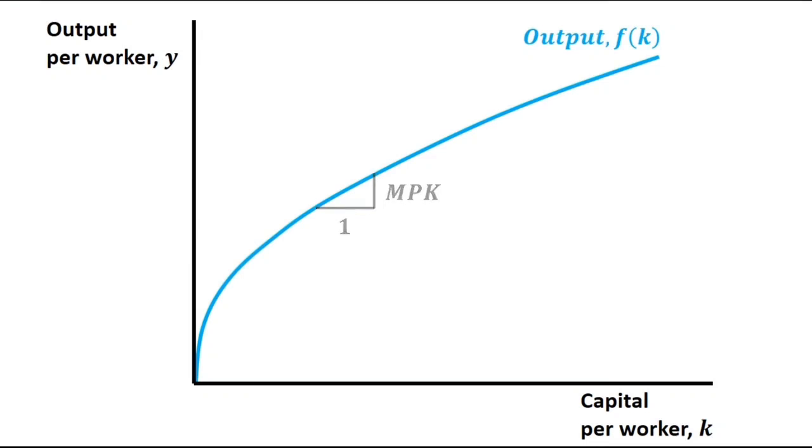You can notice in this figure, as the capital per worker increases, the production function exhibits diminishing marginal product. Let's see.